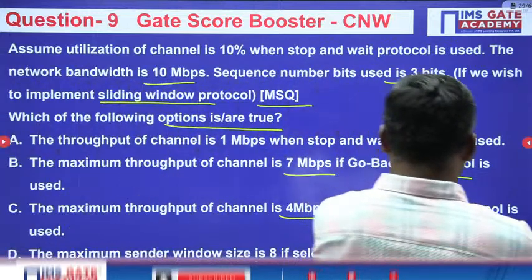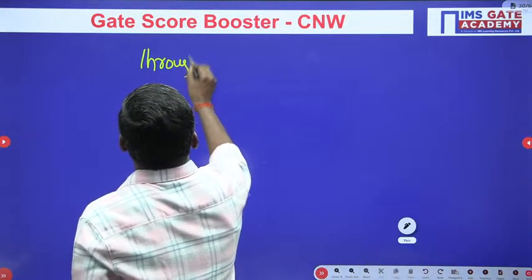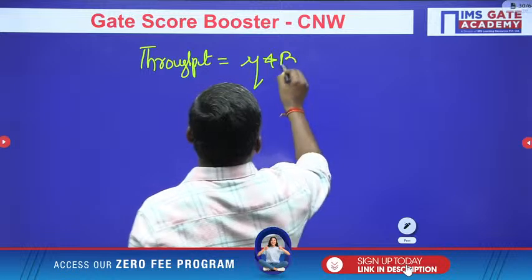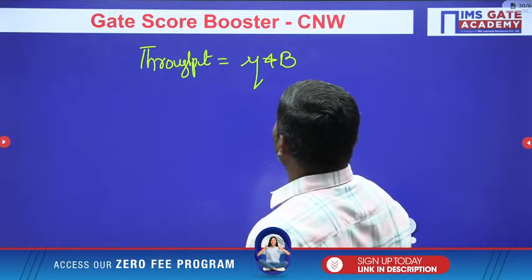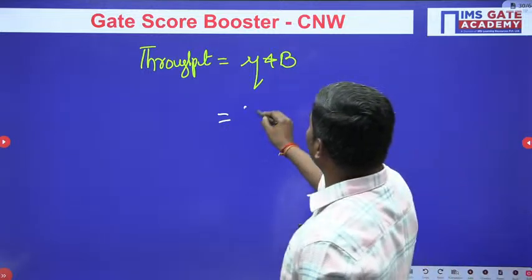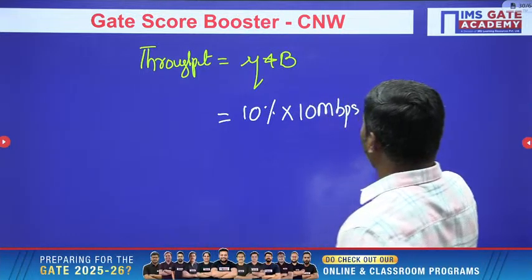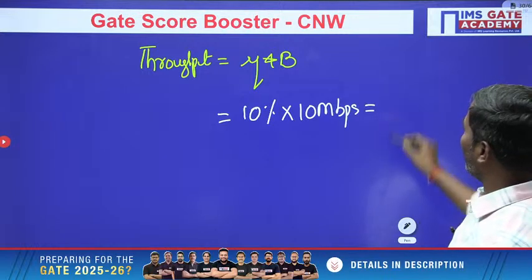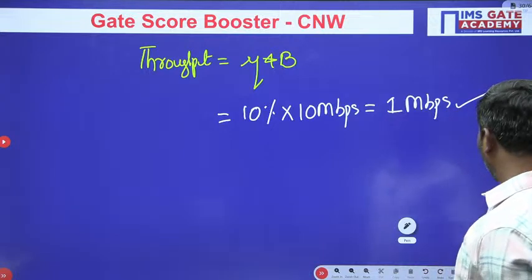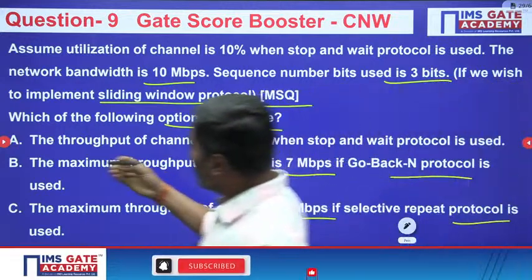Others are not possible. As we know, throughput of any channel is efficiency into bandwidth. So throughput of the stop and wait protocol: efficiency given is 10%, into bandwidth 10 megabits per second. So can I say 1 megabit per second for stop and wait protocol. So throughput of the channel is 1 megabit when stop and wait protocol is used. So option A is true.